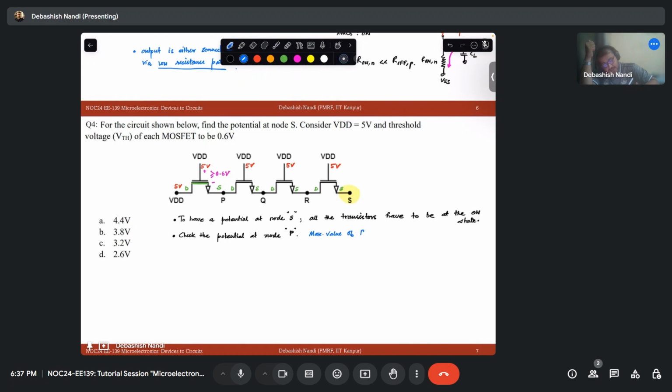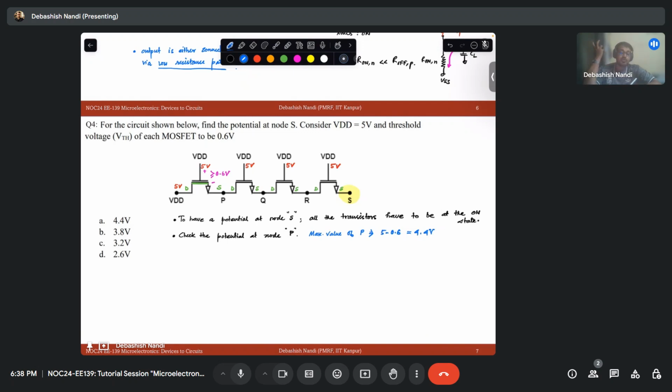Max value of P is 5 minus 0.6, or equal to 4.4 volt. Okay, it can be less than that also, right?